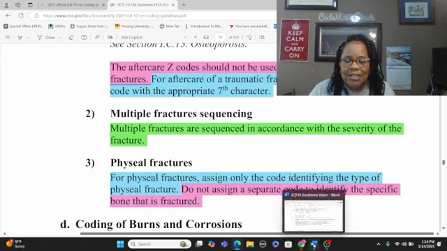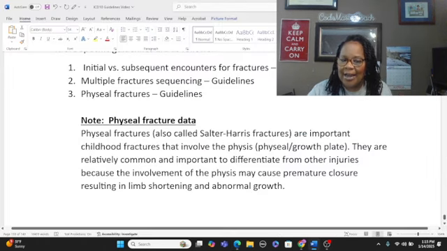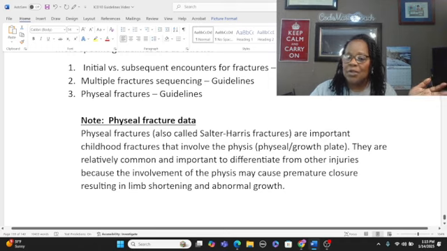And I went in and I had to make sure I identified what a physeal fracture is. It's also called Salter-Harris fractures. So if you see Salter-Harris fractures, that's the same thing. There are important childhood fractures that involve the physis, which is the growth plate. The bone is still growing.